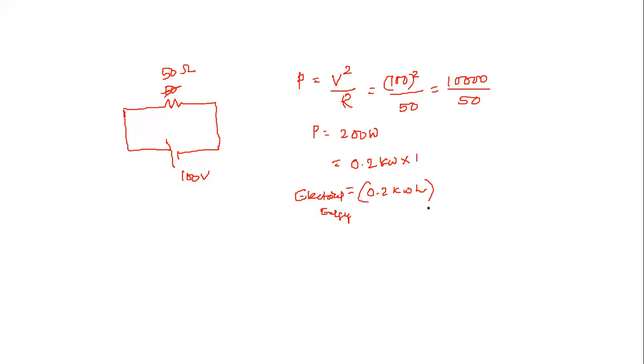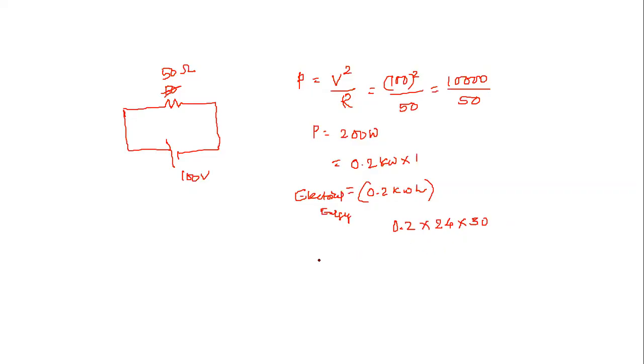Now, if it is 0.2 kWh per hour, then for a day I need to multiply by 24. If I have to do it for a month, I need to multiply by 30, right? Then you will get your electricity bill for 1 complete month.